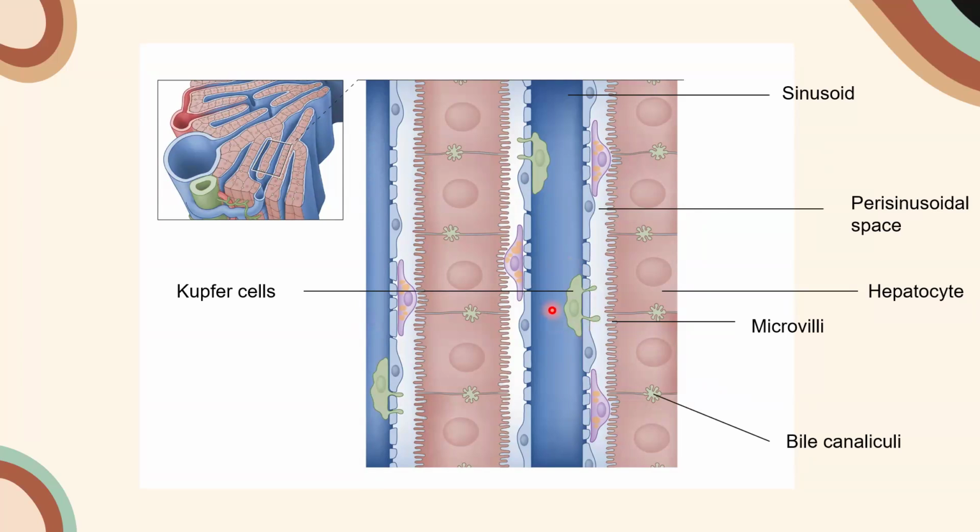Kupffer cells are a type of macrophage, and they're here because they're patrolling the sinusoids. They're looking for any foreign objects, toxins, pathogens, and also senescent or old red blood cells. If those cells are old, they're going to be broken down by the Kupffer cells, and the heme is going to be taken out to form bilirubin.